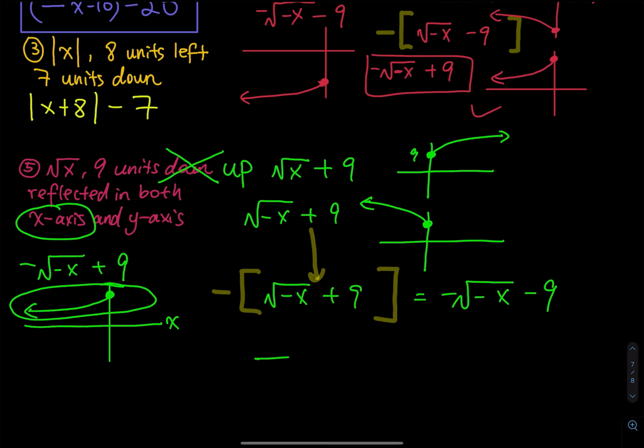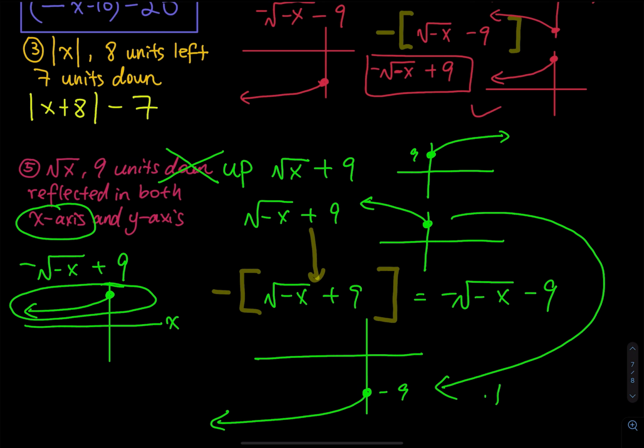When you do so, this is the way to kick it over to below the x-axis. This is x equals negative 9, and that is what it looks like going from this graph to this graph. And then where is the final answer? The final answer is right over here.